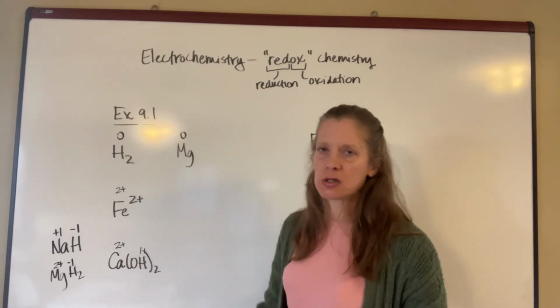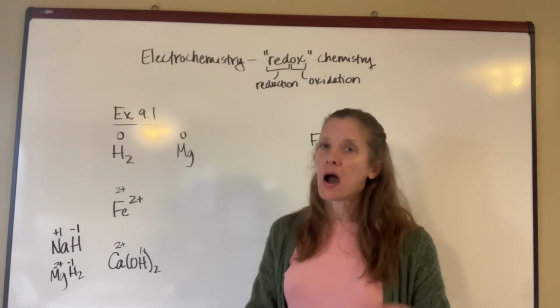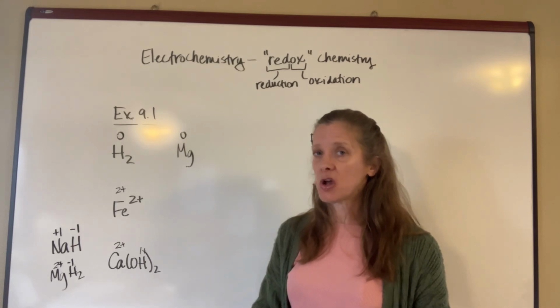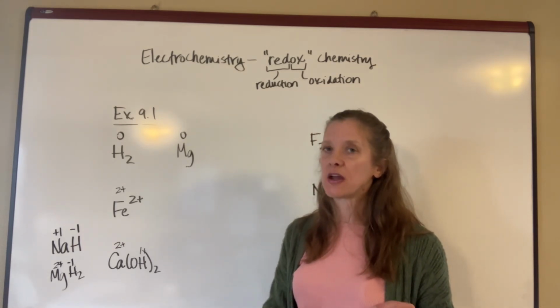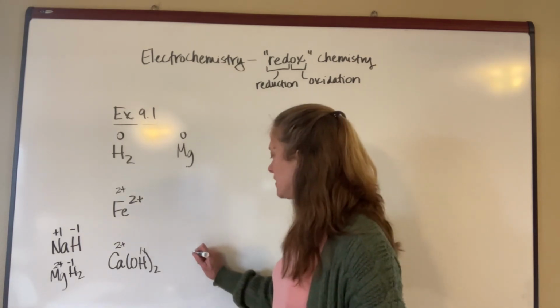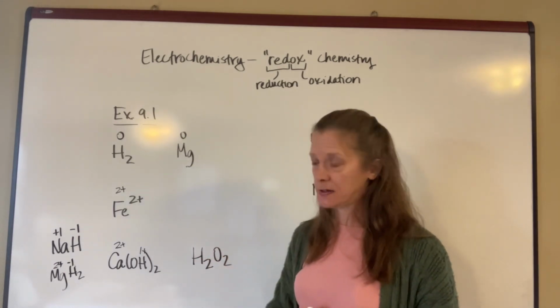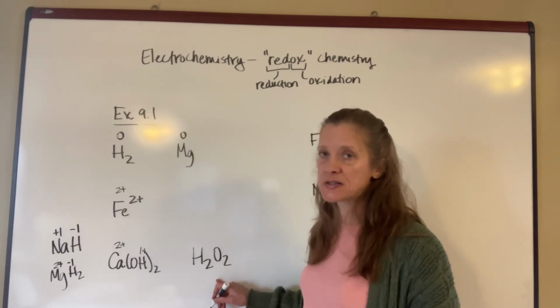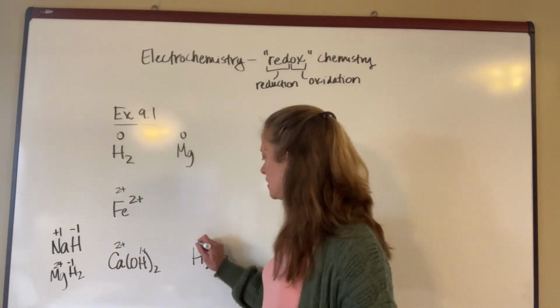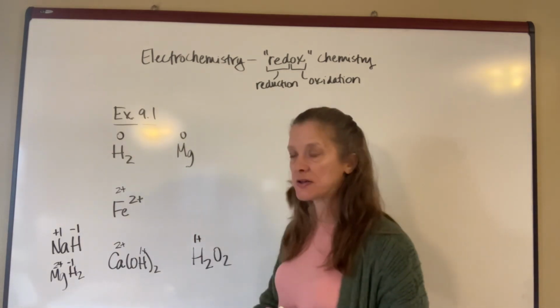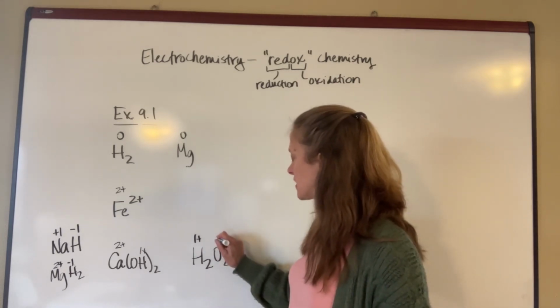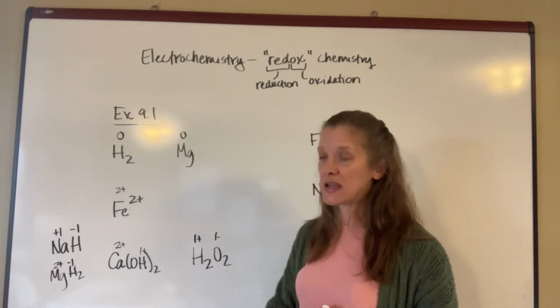How about oxygen? Well, normally, oxygen is going to have an oxidation number of a negative 2. There is one exception, and the exception is if you have a molecule of hydrogen peroxide. In hydrogen peroxide, the hydrogen is going to have an oxidation number of positive 1, but the oxygen is going to have an oxidation number of negative 1.